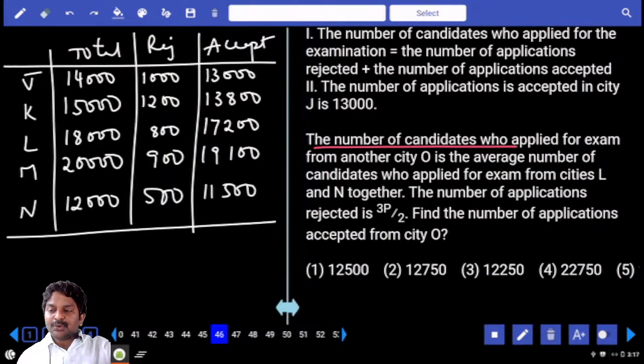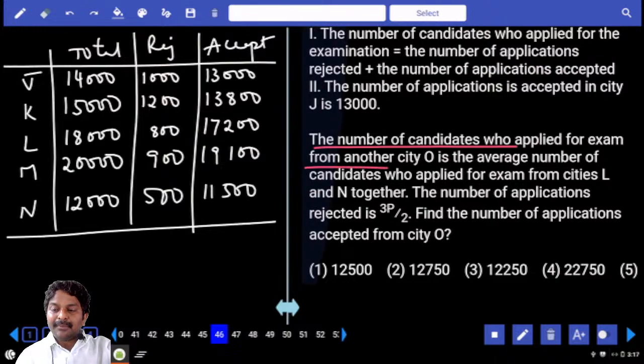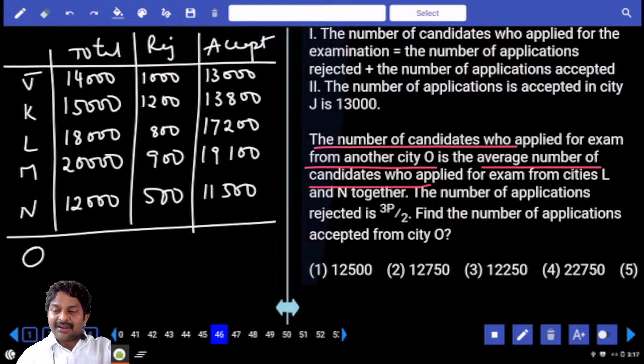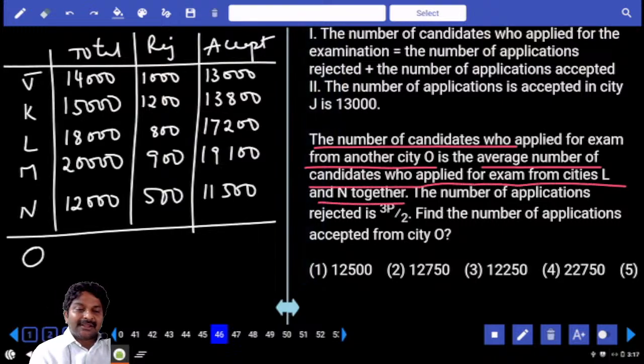Number of candidates who applied for the exam from another city O, those people who have applied for it. Applied means total. Average number of candidates who applied for exams from cities L and N together. L and N together, sum is 30,000.